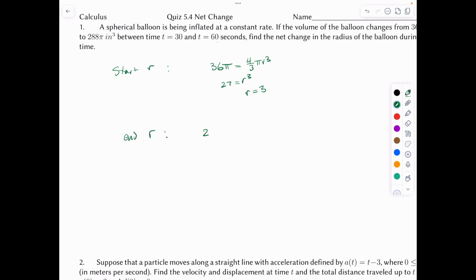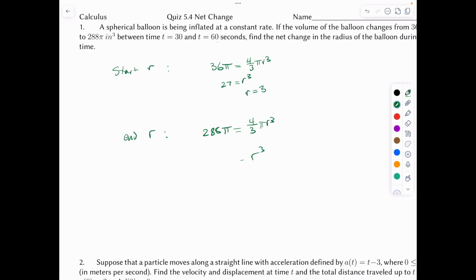is going to be, let's see, 288 pi is 4/3 pi r cubed. So what does this mean? I may actually have to work this one out. 144, 72 times 3.